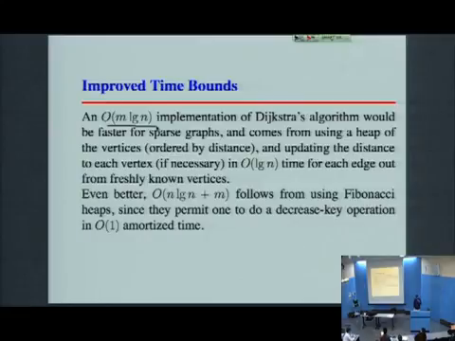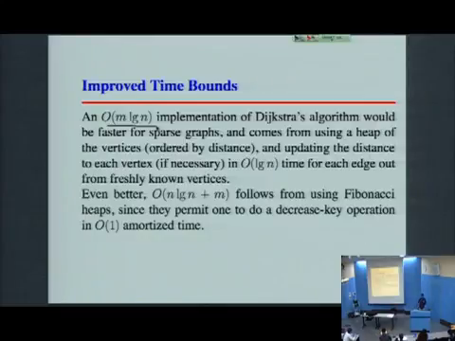And then in each one of our n iterations, we're going to pull the top off the heap, okay? Bottom line, this is an m log m implementation and much better for sparse graphs. Any questions about this? How many people see why the heap is kind of doing the right thing here? Okay, any questions about the bookkeeping or anything like that?